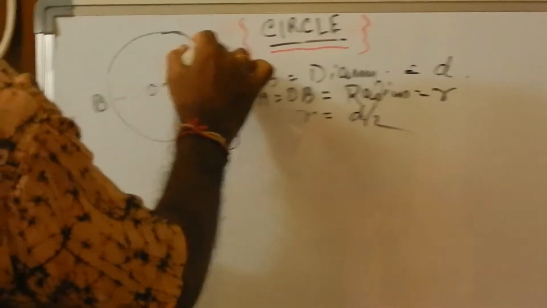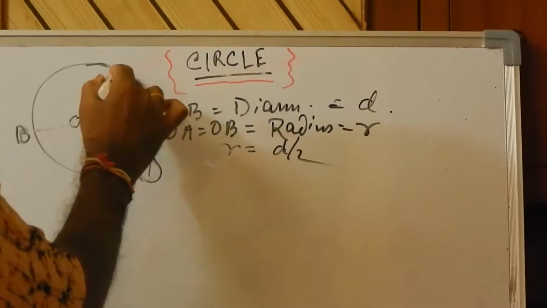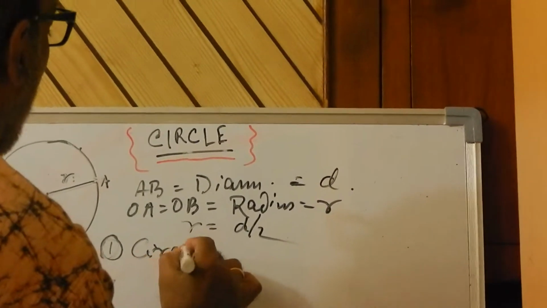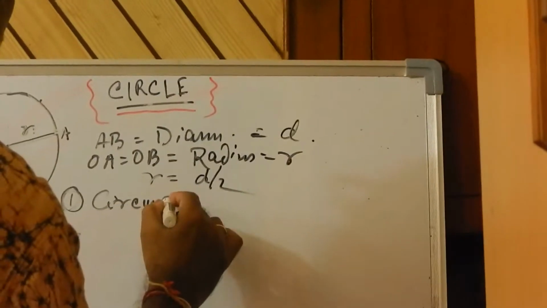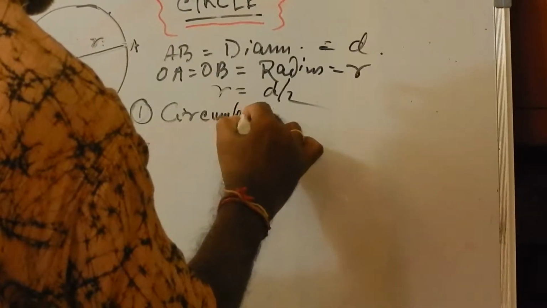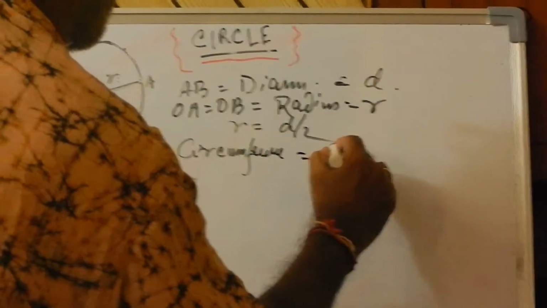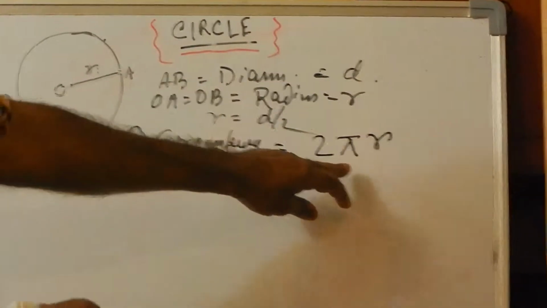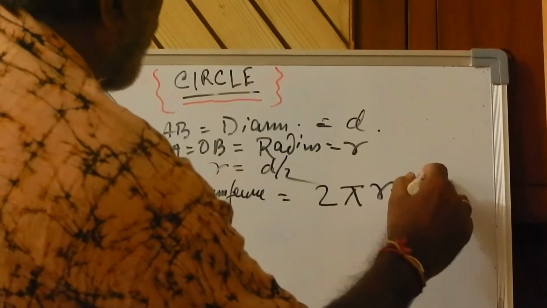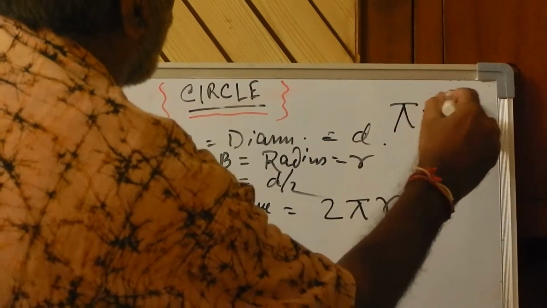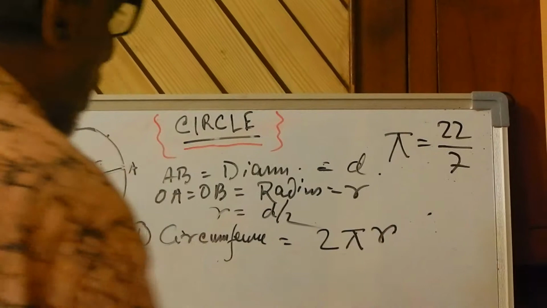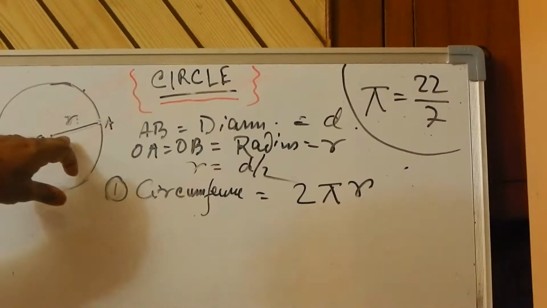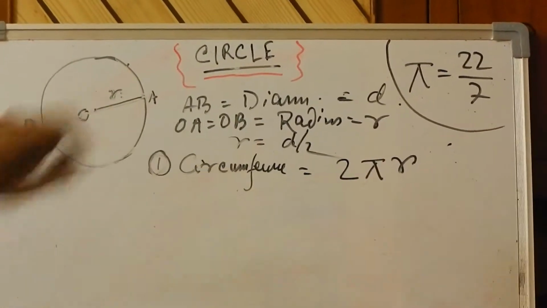This length is called circumference. So circumference or perimeter, whatever you call, equal to 2 pi r, where pi equal to universal value 22/7 or 3.14, and r is the radius of the circle.